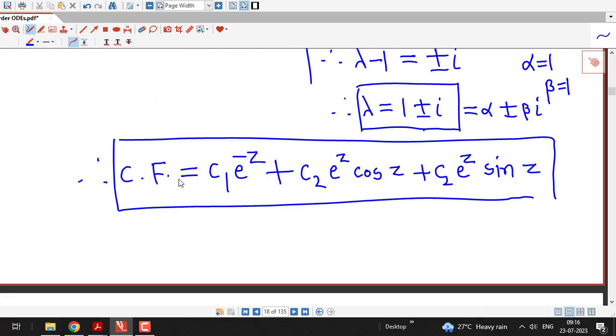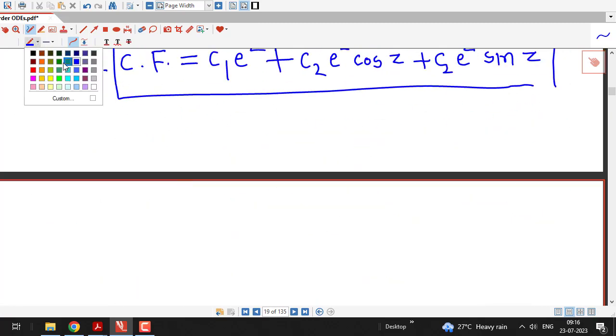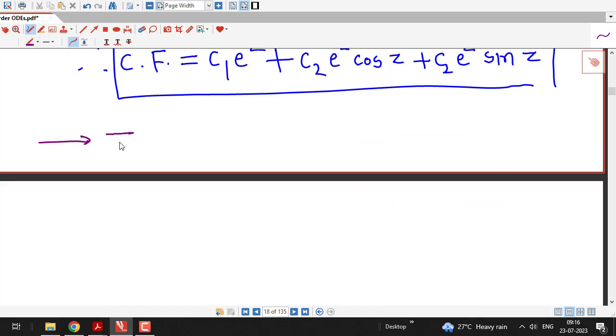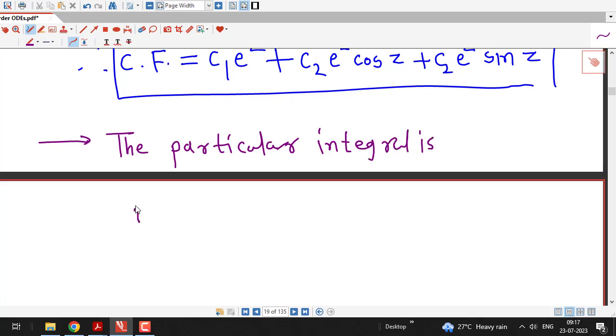So now we obtain the second part of the solution, which is the particular integral or particular solution. The particular integral, we can use this notation P.I., or we can use y suffix p also.